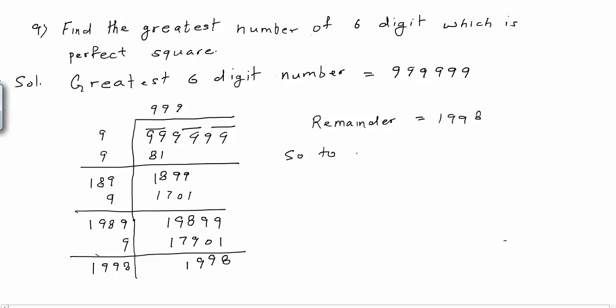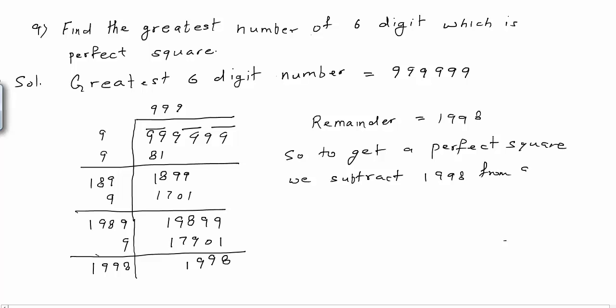So to get a perfect square, we subtract 1998 from 999999.